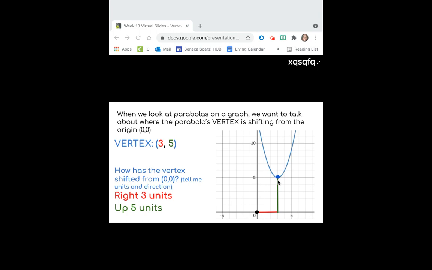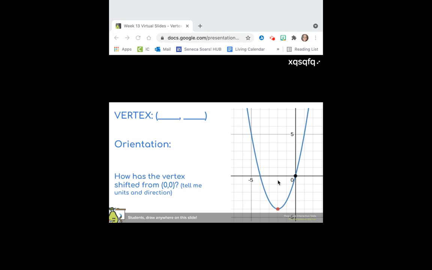Let's try another one. Find the vertex, tell me the orientation this time, and then how has the vertex shifted from 0, 0?